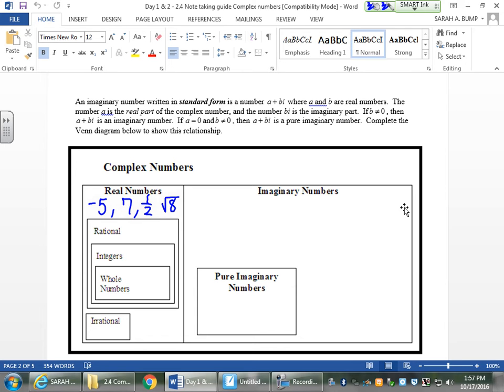I could throw a decimal on that list if I wanted to. Imaginary numbers are going to come in this form, the a plus bi, so like 2 plus 5i. That's an imaginary number. It has an imaginary component to it. A pure imaginary number would be just the 5i, so it would have an a value of 0.